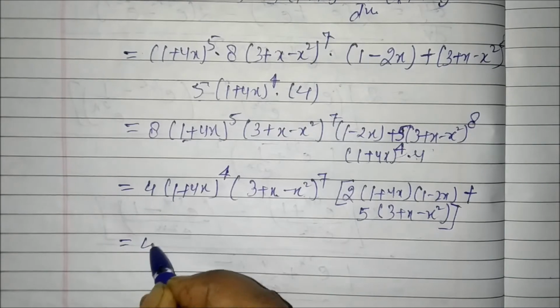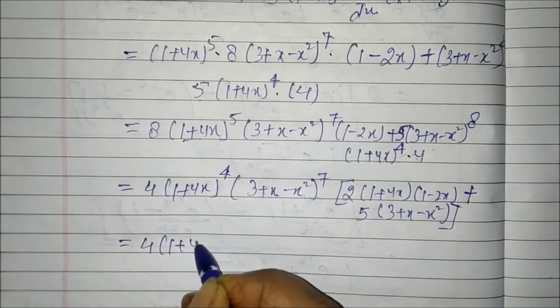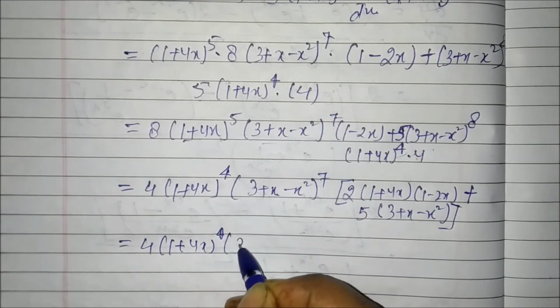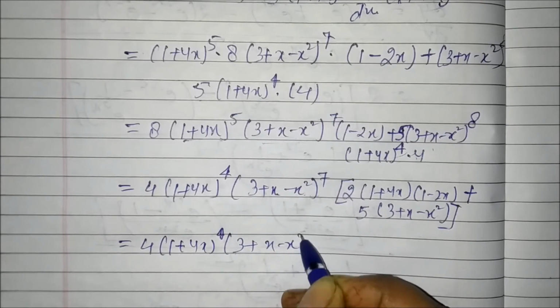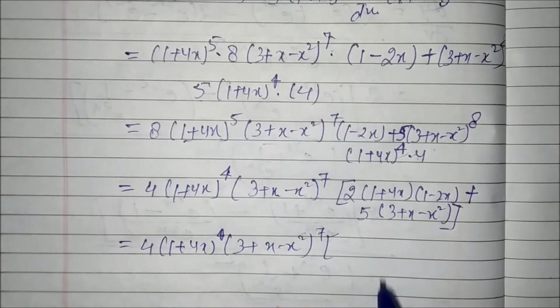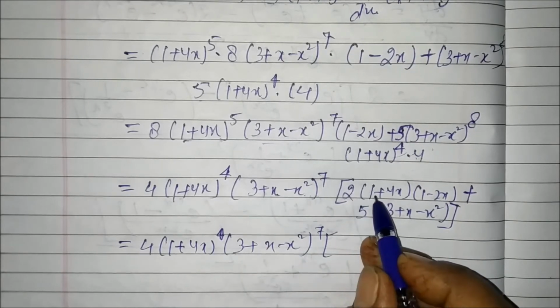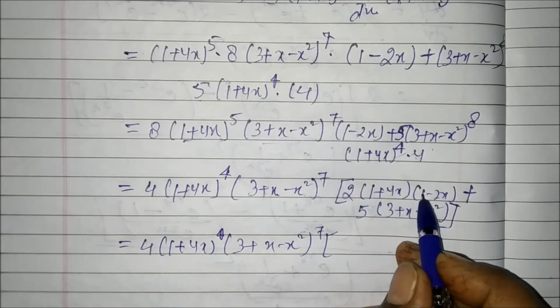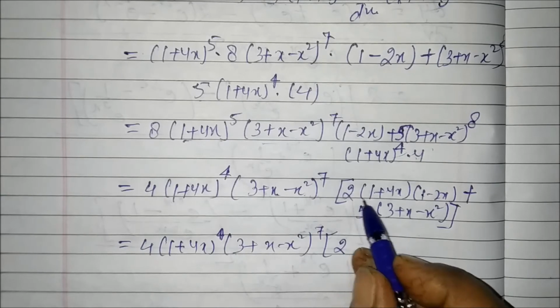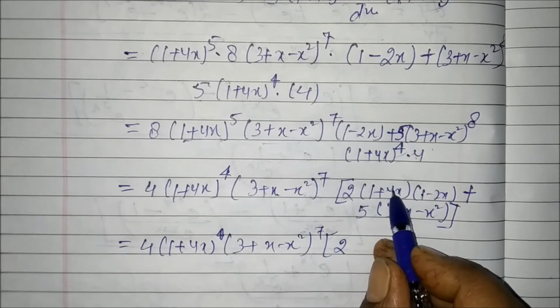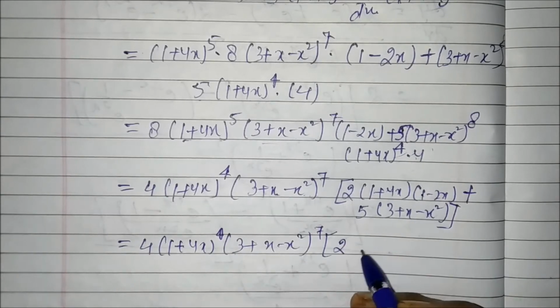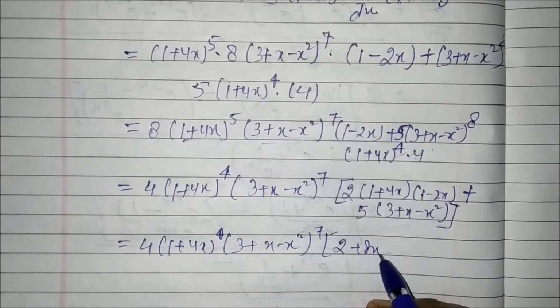So we write here 4 into (1 plus 4x) raised to 4, (3 plus x minus x square) raised to 7. Now we can multiply this: 2 into 1, we get 2. 2 into 4x, 8x into 1, we get 8x.